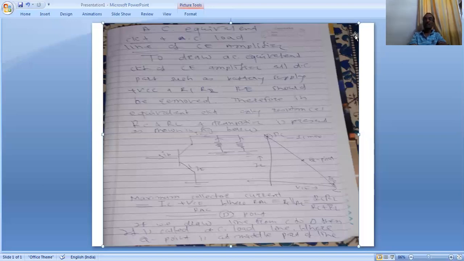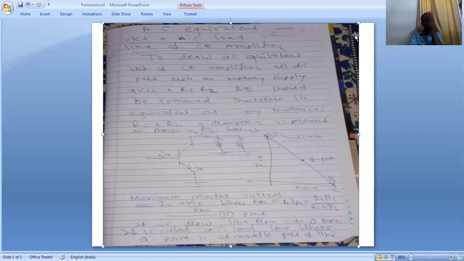In this case, it is the graph of output collector current IC and output voltage VCE. This is the output characteristic. Here we are not drawing the curves for different IB, because we have already discussed that. Here I have drawn the AC load line with the Q point.